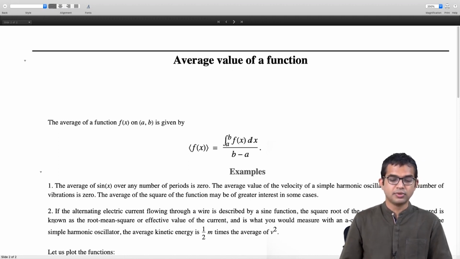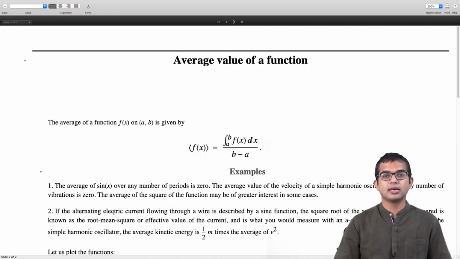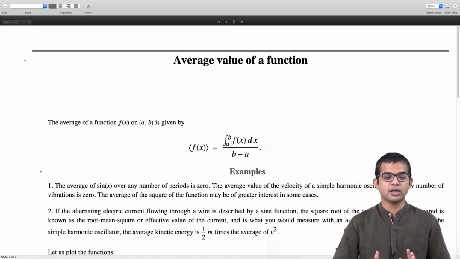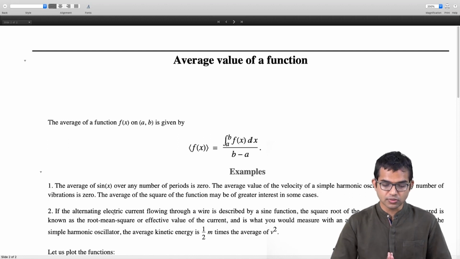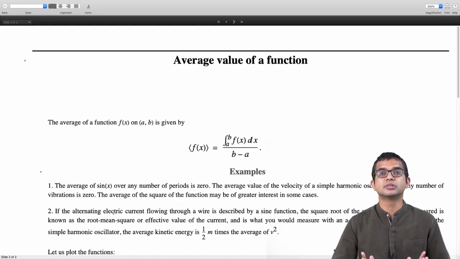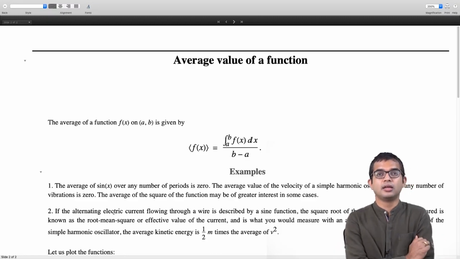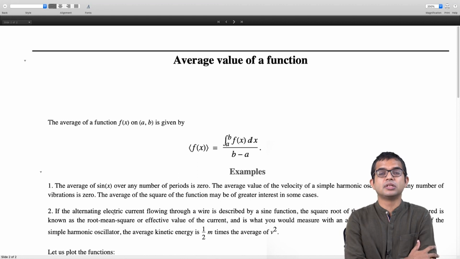For example, when you're looking at alternating electric current, we know that it's a periodic function, and the square root of the average of the sine squared is known as the root mean square or effective value of the current, right? If you just blindly do an average of this current function, you would just get 0. But clearly the current being 0 is not an accurate way of representing what it's doing.